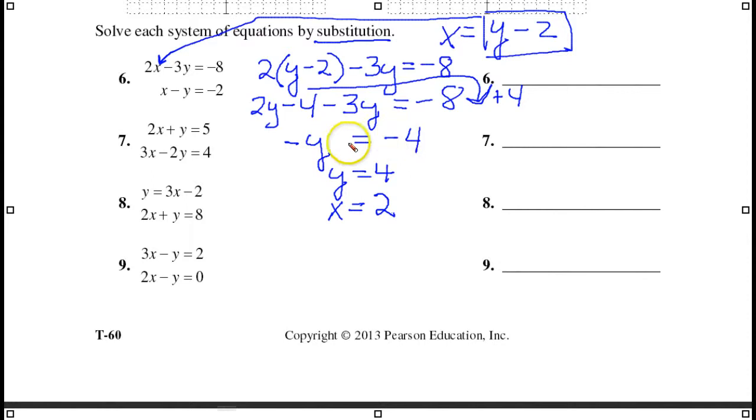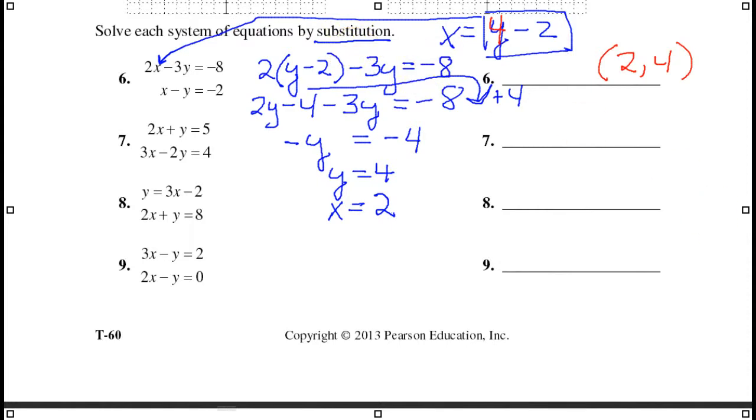Divide both sides by a negative 1. I get y equals 4. So if y equals 4, I can put that 4 right there. 4 minus 2 is 2. So my ordered pair for number 6 then would be 2, comma 4, and I found it through substitution.